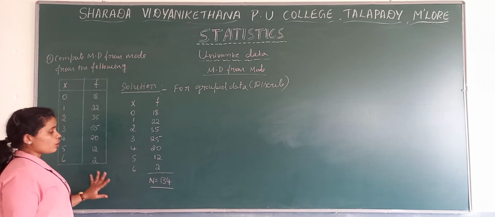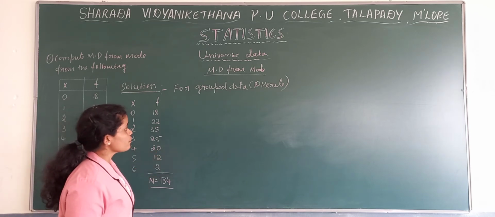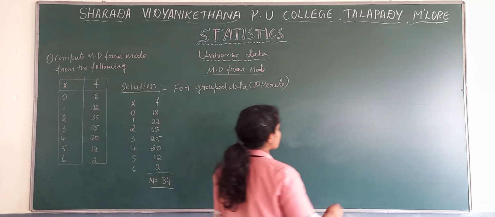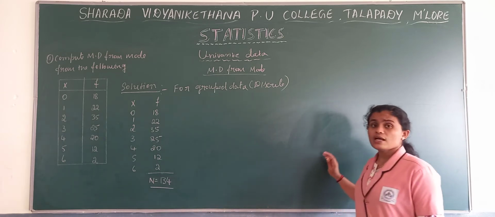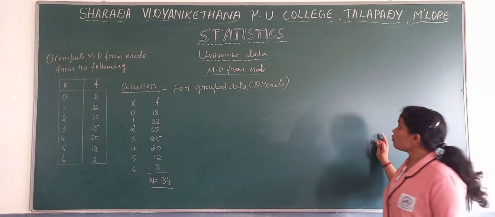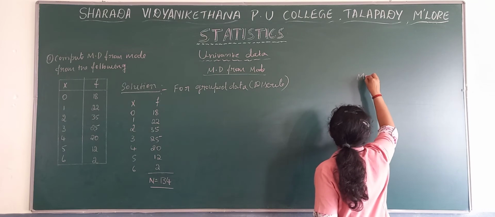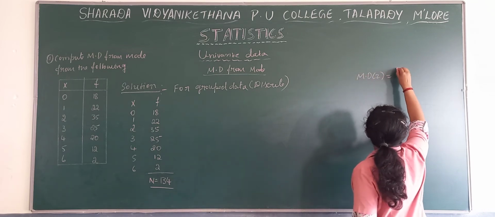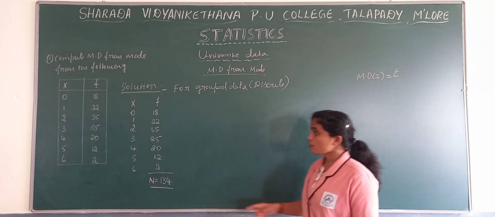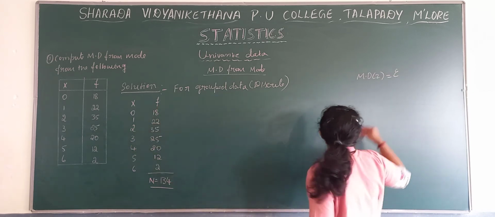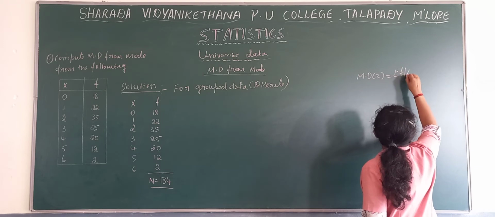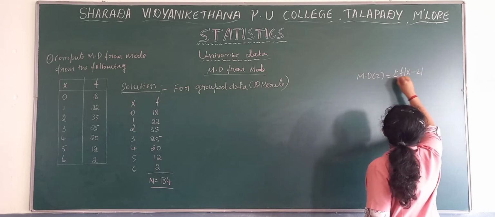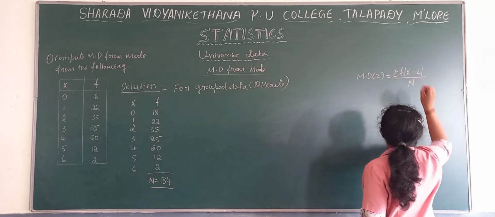This is the calculation of n. That is the n value. Now, next we will write the mean deviation from mode formula. That is, mean deviation from mode is equal to sigma, since we have frequencies, f into modulus x minus z divided by n.